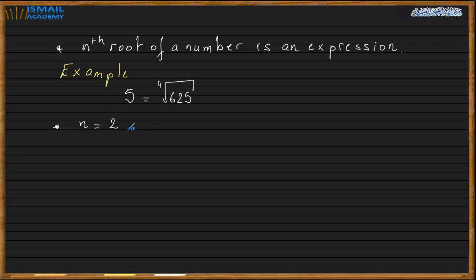For example, 25 is 5 squared, or I can say 5 is the square root of 25, and we don't put the 2 here because we assume that a radical sign without a number is the second root.